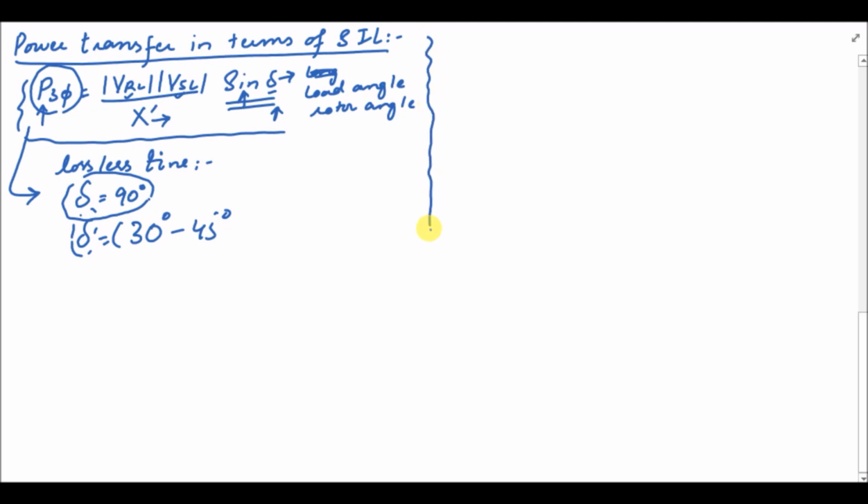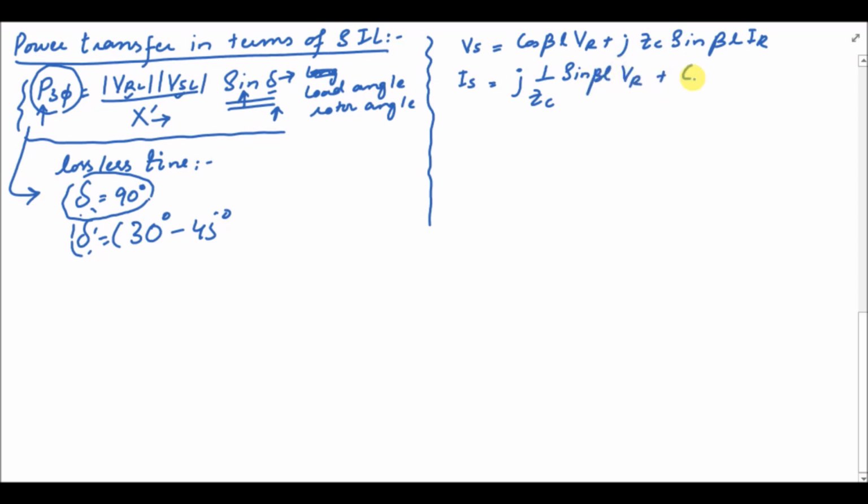Now, just to revise from the previous lecture, we know that Vs is equal to cos beta L Vr plus jZC sine beta L IR, and the sending end current is equal to 1 over ZC sine beta L VR plus cos beta L IR. So these are the two equations that we derived for the sending end voltage and current in terms of receiving end voltage and receiving end current for a lossless transmission line.